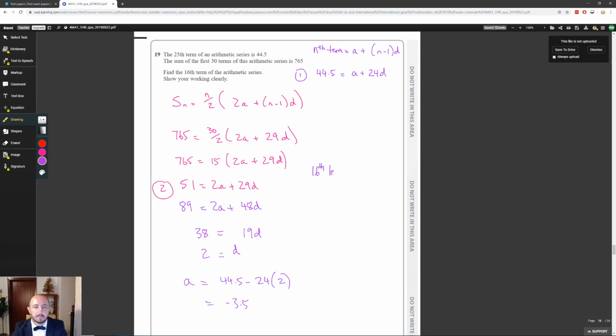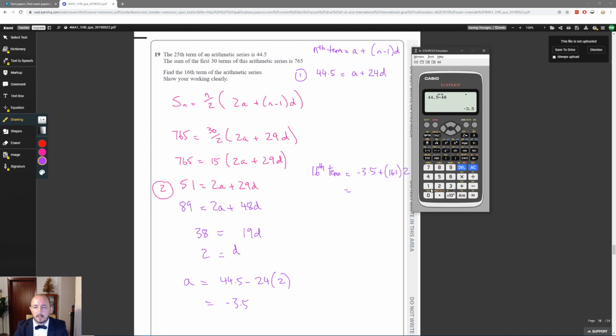The 16th term is going to be a plus 16 minus 1 times d. Negative 3.5 plus 30 is 26.5.